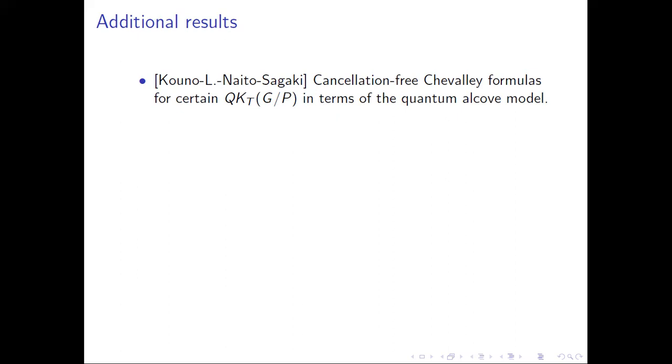But we used the formula from flag manifolds, and we pushed it through to G mod P, again using the result of Kato, and then lots of terms cancel, and we have to use some sign reversing evolution to cancel all the pairs that can be canceled in order to end up with a cancellation-free Chevalley formula.